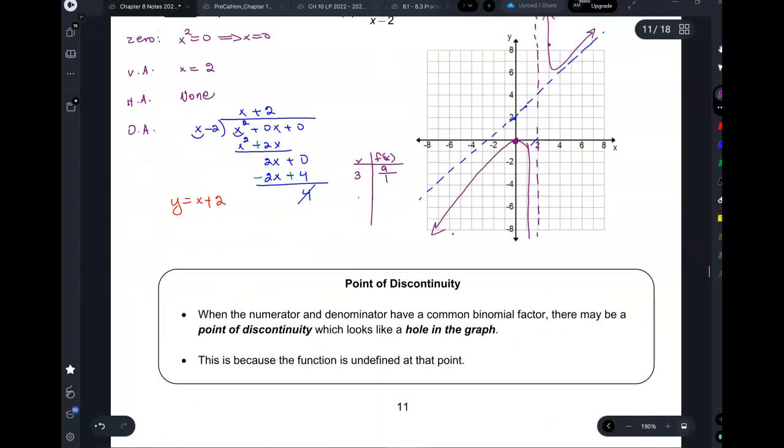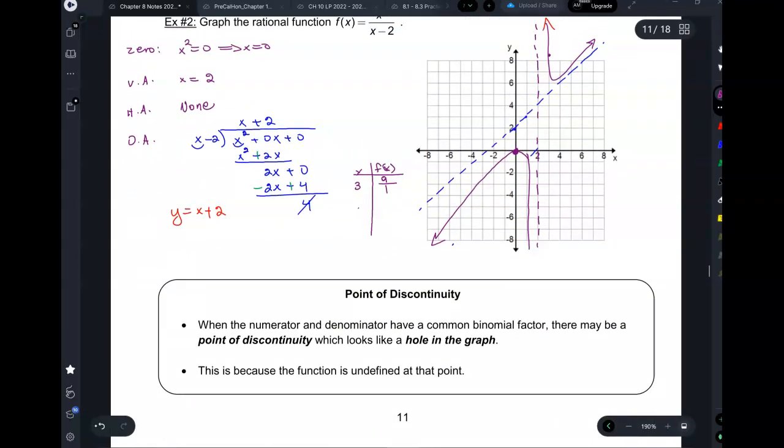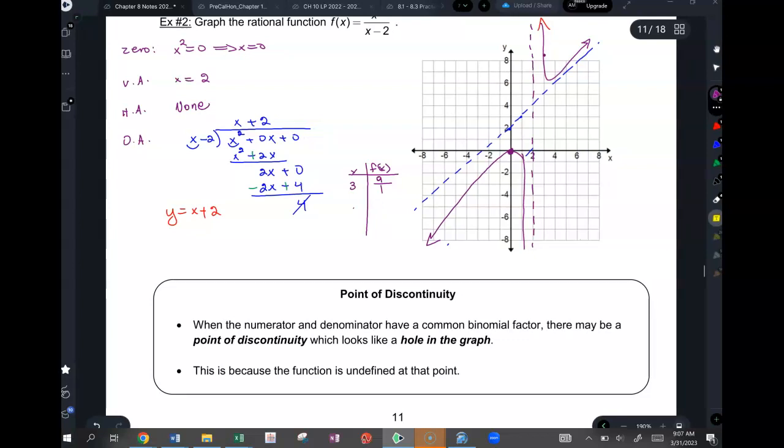Okay, last little bit here is a point of discontinuity. Okay, so we talked about vertical asymptotes, and vertical asymptotes come from when the denominator is set equal to 0. Now there was one thing that I didn't mention, which was the following.